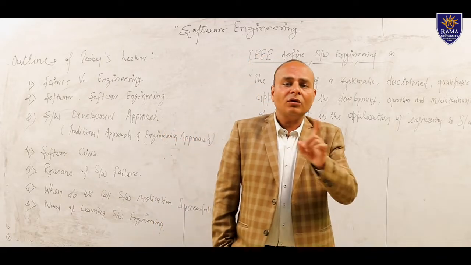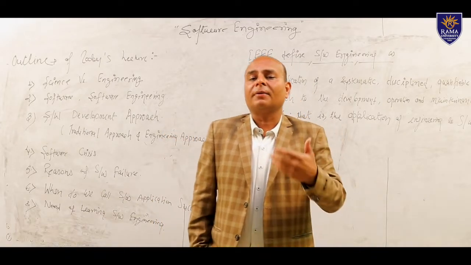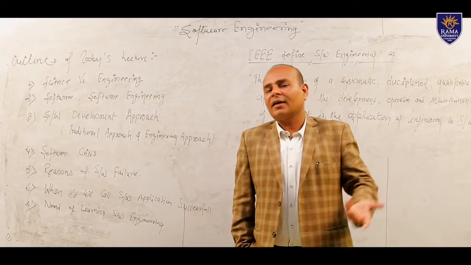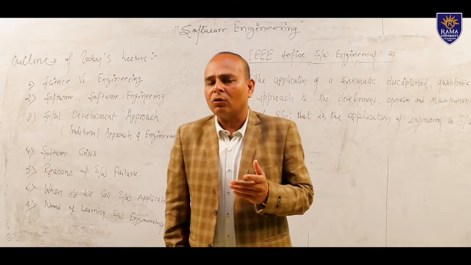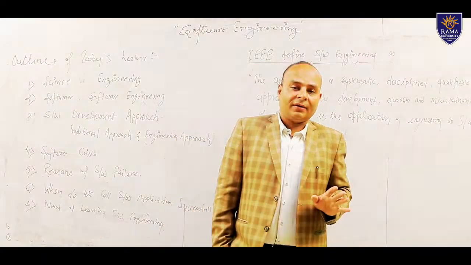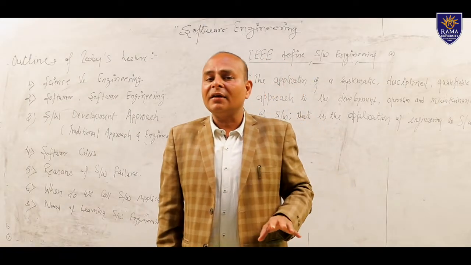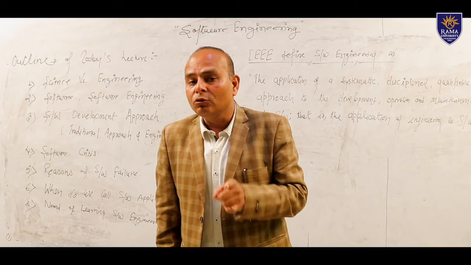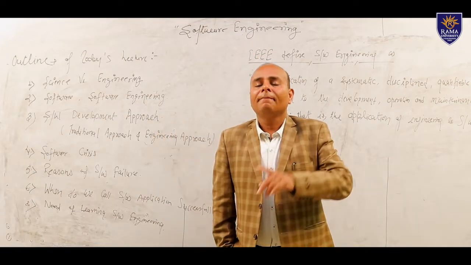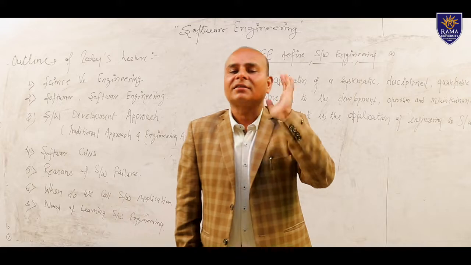And this is not the only parameter. If the user accepts and allows us to implement it at the client side, there is another parameter we should discuss: it must be usable. After implementation at the client side, it must be usable and must be used for a long time, and only then will we say the software application is successful.